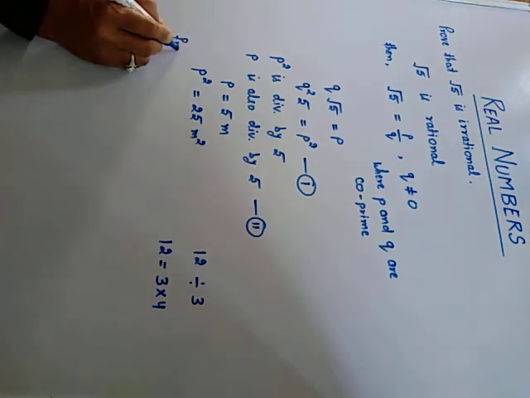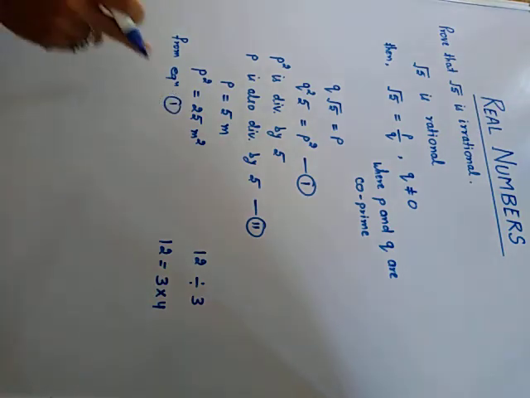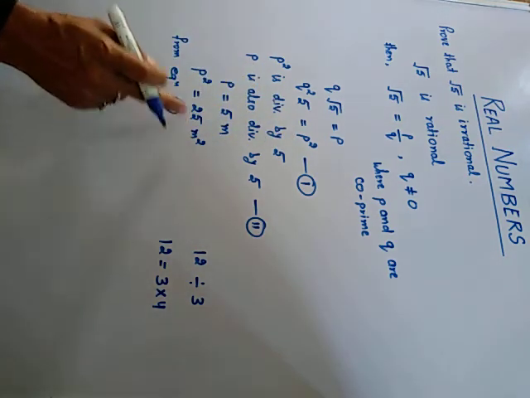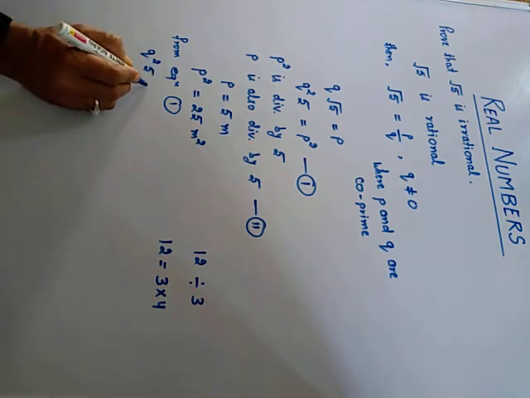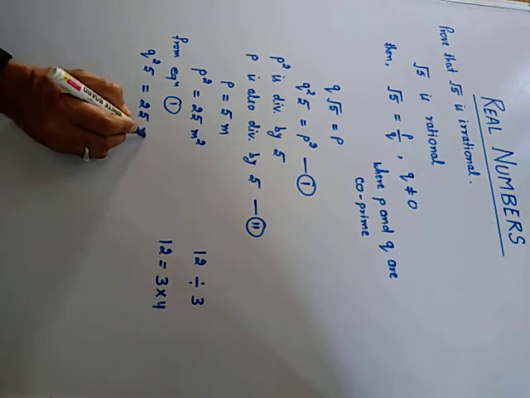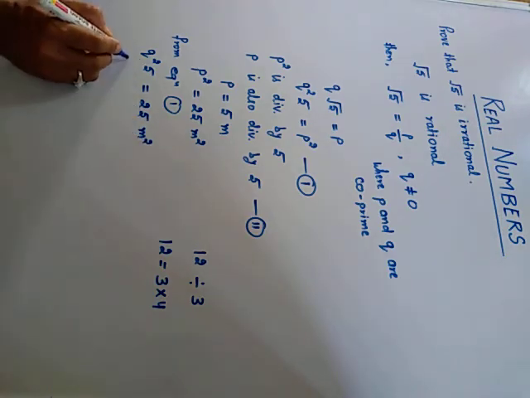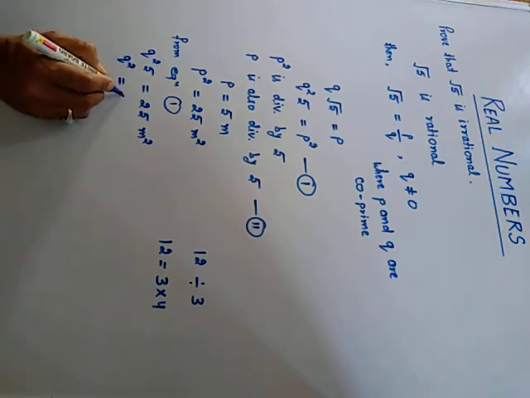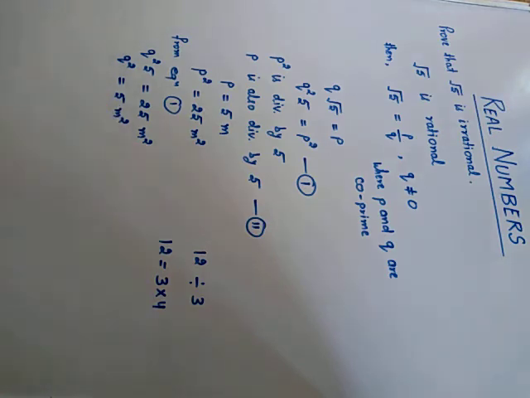Now from equation 1, in place of p square we can put this value. So it is q square into 5 equals 25 m square. Now 5 fives are 25, so this can be written as q square equals 5 m square.